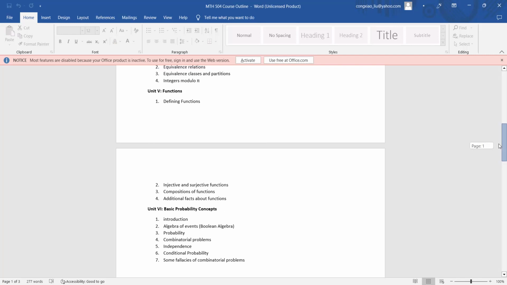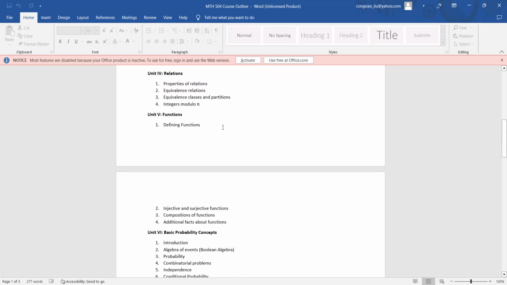So the next unit is functions. You have learned the functions from high school algebra, I believe. But we're going to use functions in a more mathematical way, in a more formal definition from pure mathematics. Okay, and these are the topics we're going to cover.